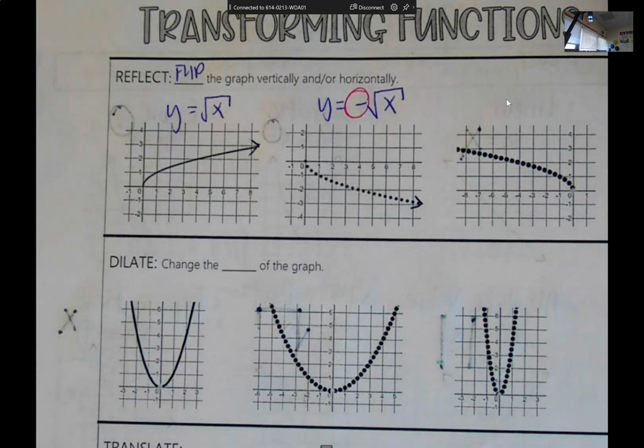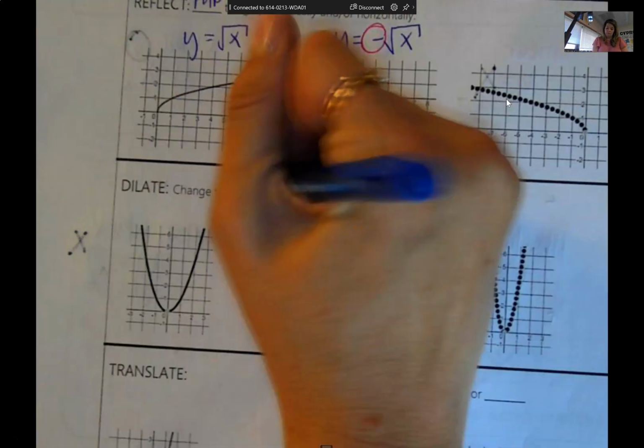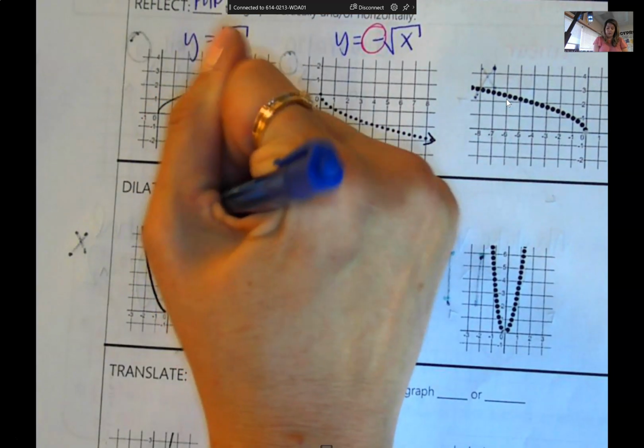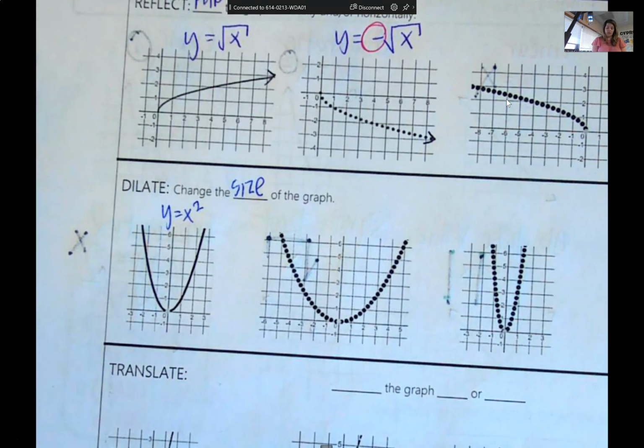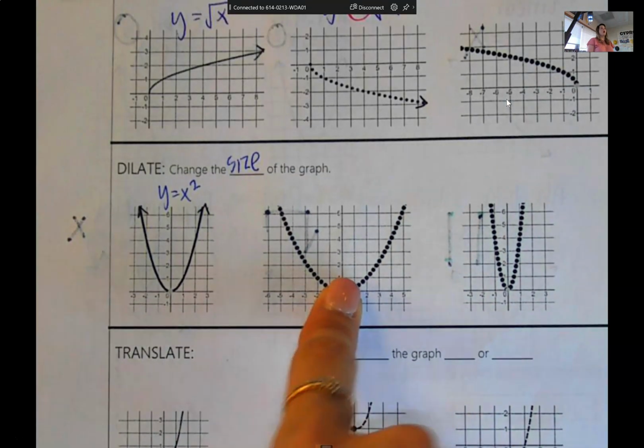The next one is showing you what a stretch and a shrink looks like, but he's kind of weird. So this one is your size change. And the parent that they give you is y equals x squared. And they're trying to show you to the right that they're changing its size. So in my mind, this one looks bigger or wider.